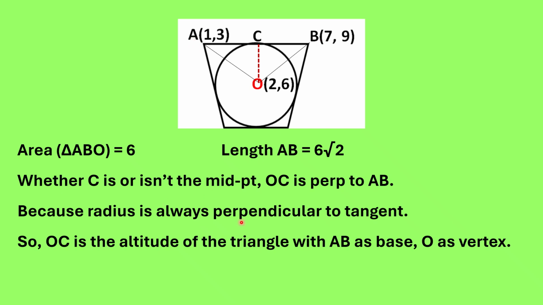So even if C is not the midpoint, OC is the altitude of this triangle with base AB and vertex O. So the radius is equal to the altitude, the base AB is 6 root 2, the altitude OC is R or radius, and the area of the triangle is 6 square units.